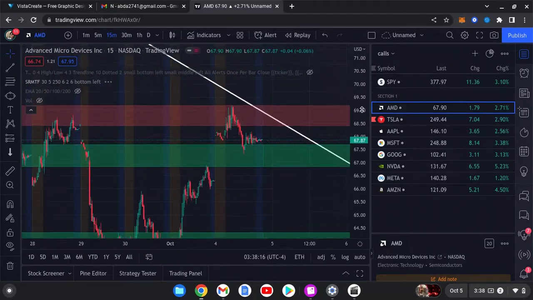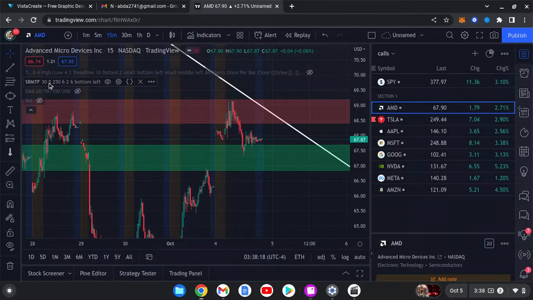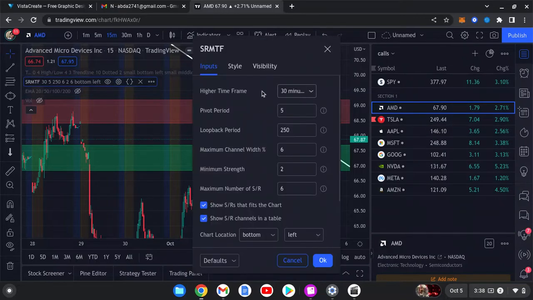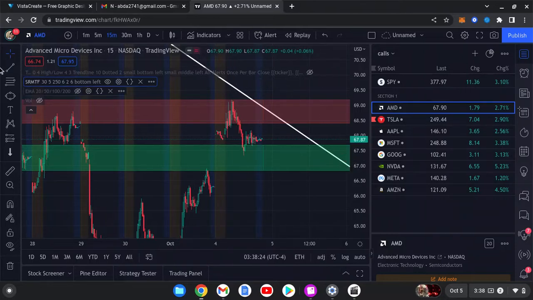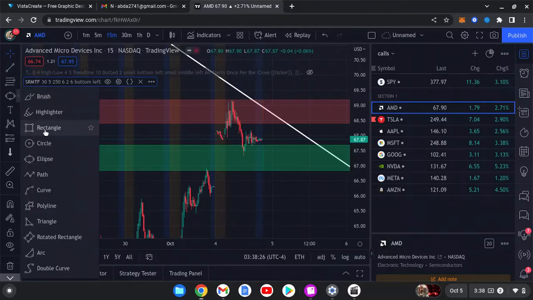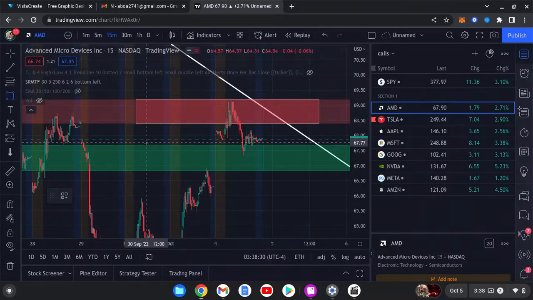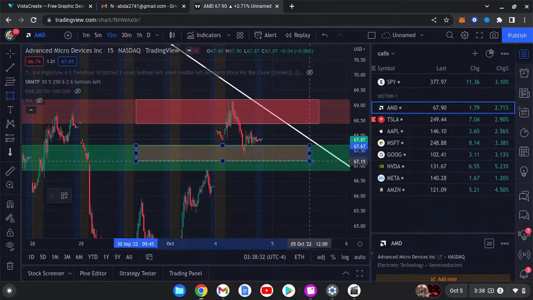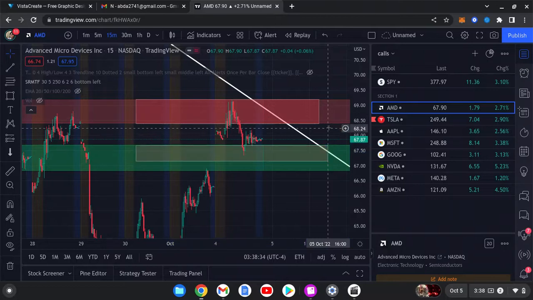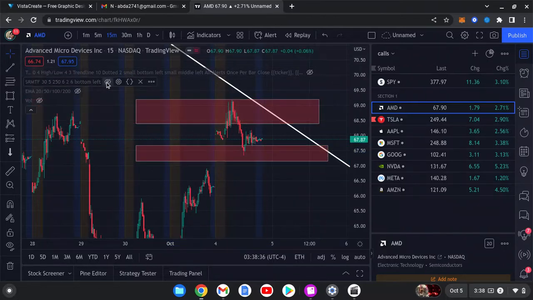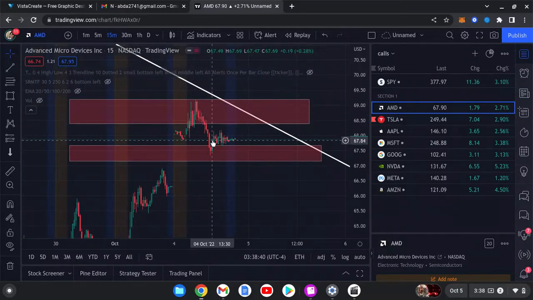or I look for my supply and demand levels on the 30 minutes. And we can see this right here. So I was looking for calls. I woke up a little late today, so I kind of missed this move right here.